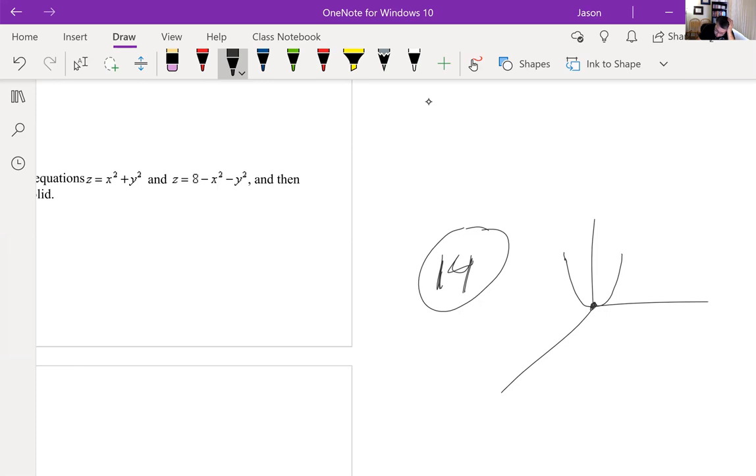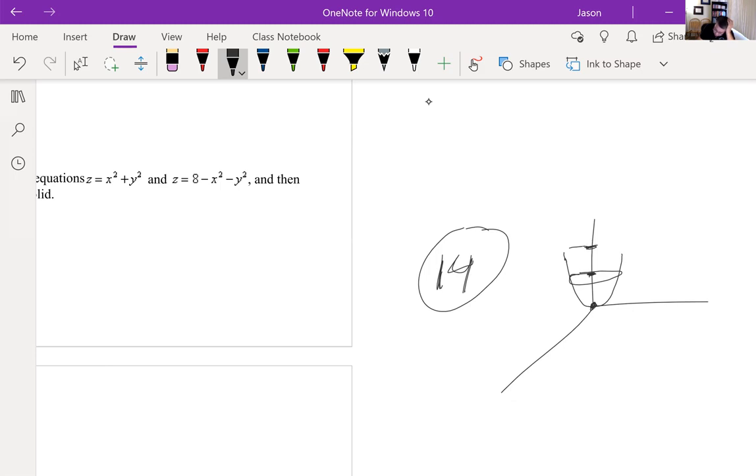What happens when I do 2 and 2? If I let x be 2 and y be 2, well, let's just do 1 and 1 first. If x is 1, y is 1, then z is 1. So at 1, we are on the unit circle. What about when z is 4?